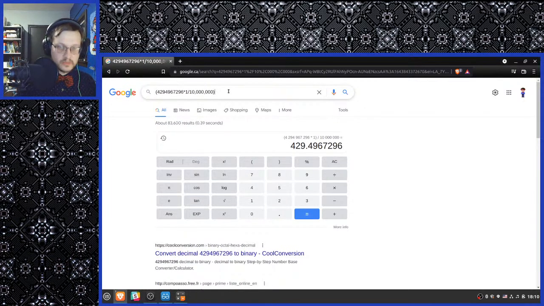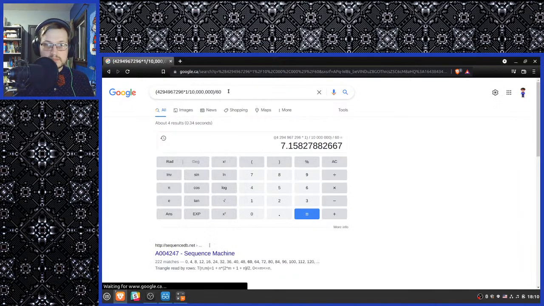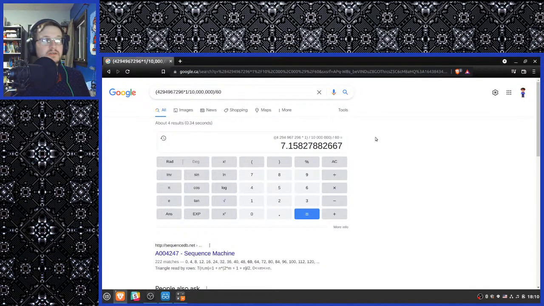That means your timer resets after about 7 minutes. Now, 7 minutes might be a very long time for your application, but it depends on your application.